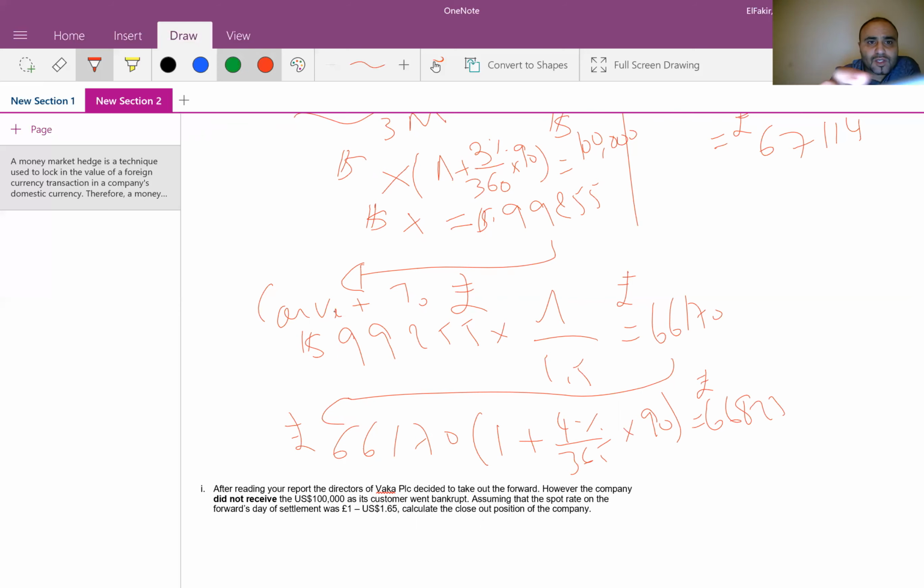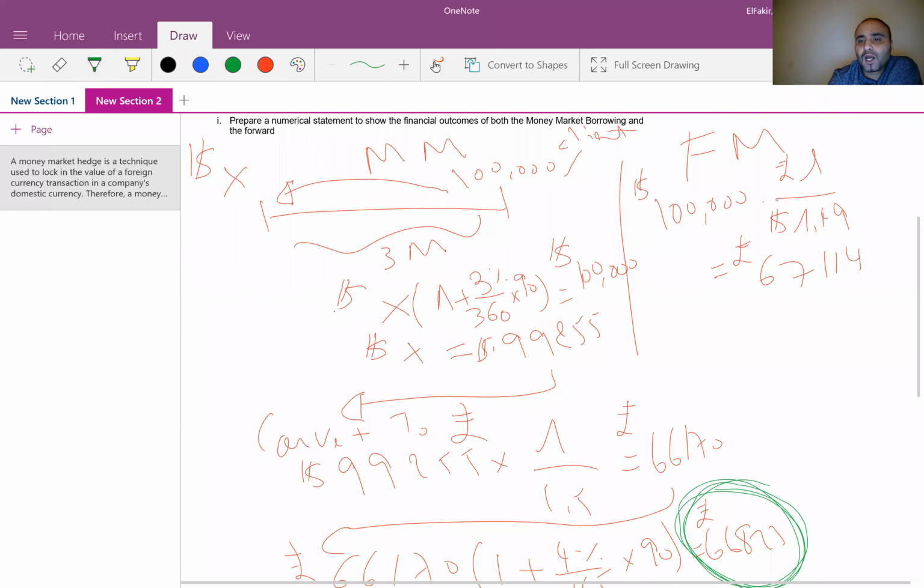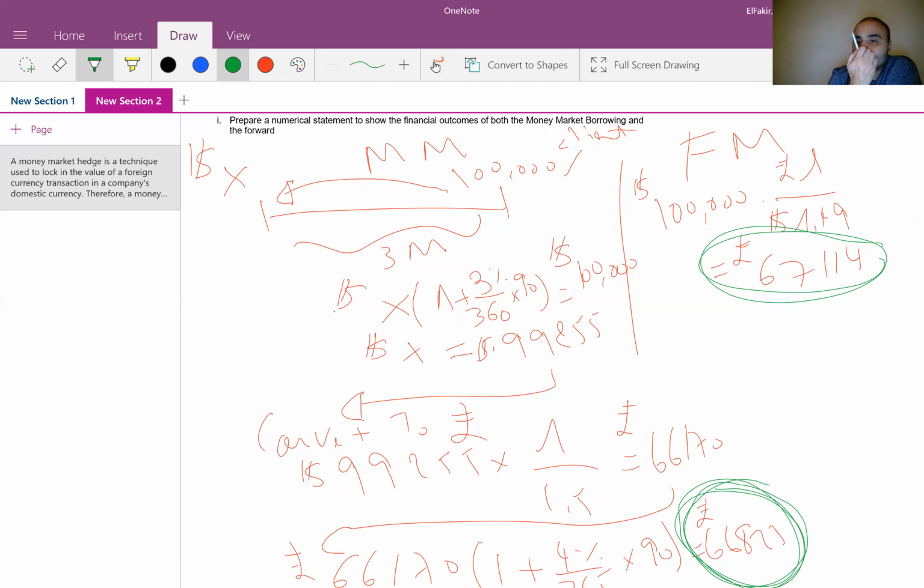So what we can notice in here is that using the money market, we will be receiving a whole value of 66,823, while using the forward market, we will be receiving more, 67,114. So in this case, it looks like the forward market is a much better option for the company at this stage.